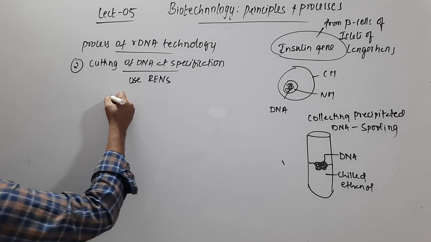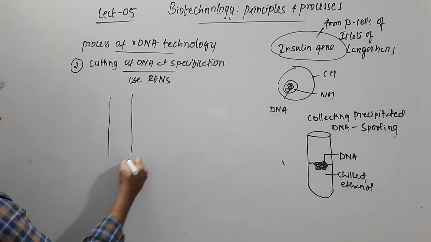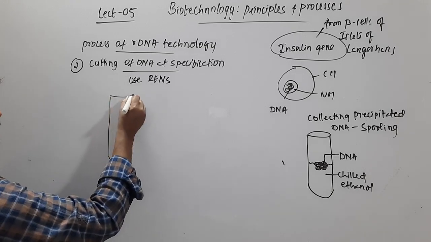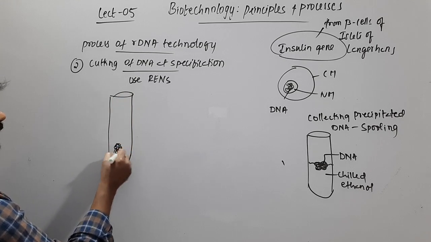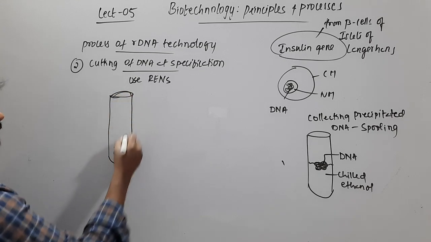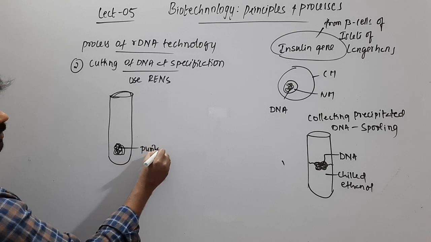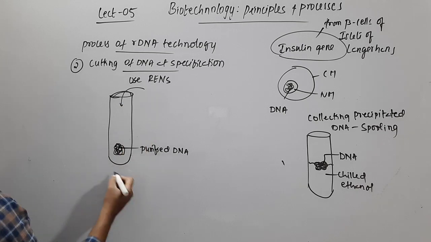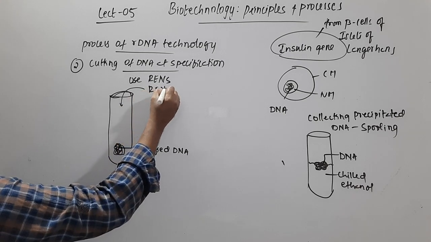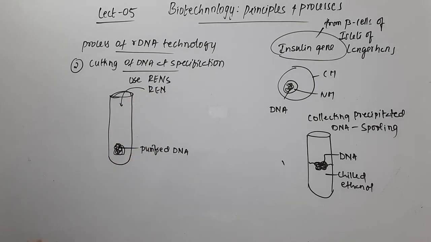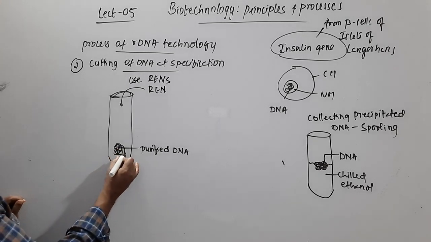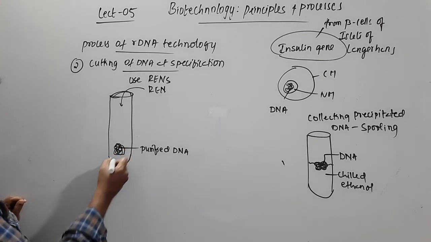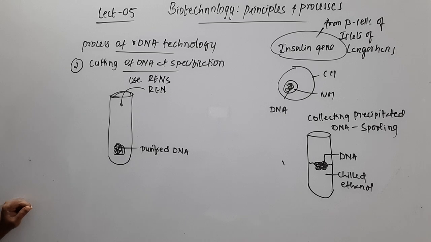So this purified DNA we will be taking into a test tube. To this purified DNA I'm going to add the restriction endonuclease, only one type, and that will cut this DNA into a number of fragments.